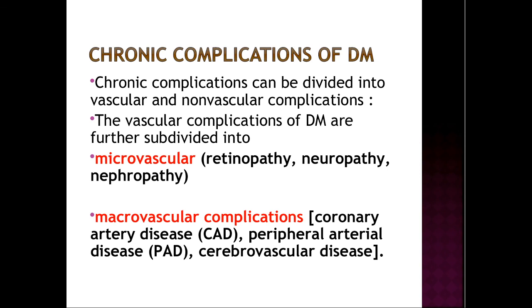We have a list of chronic complications of diabetes mellitus. They can be divided into vascular and non-vascular complications. The vascular complications of diabetes mellitus are subdivided into microvasculopathy and macrovasculopathy.